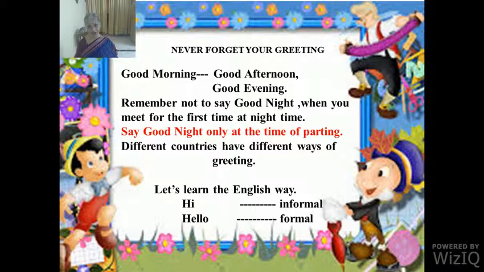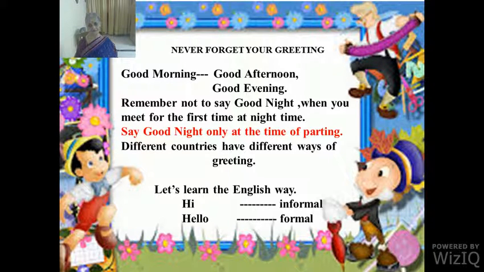As I have already mentioned, never forget to greet a person. We have two methods of greeting a person, that is verbal greeting and a non-verbal greeting. And today we are going to look at verbal greeting. So when we say it is a verbal greeting, we are speaking out.